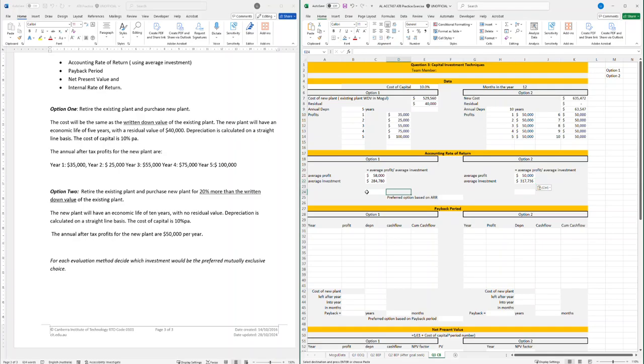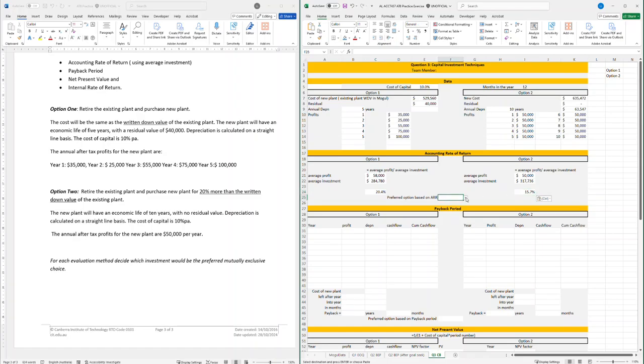Hopefully in the exam, all these cells will be very clearly identified for you. At the end of the day, what we need to do is calculate the accounting rate of return using the formula. This is 24% and this is 15.7%.